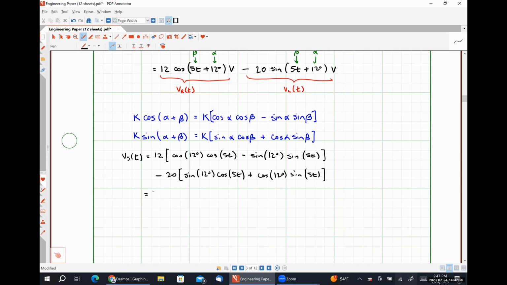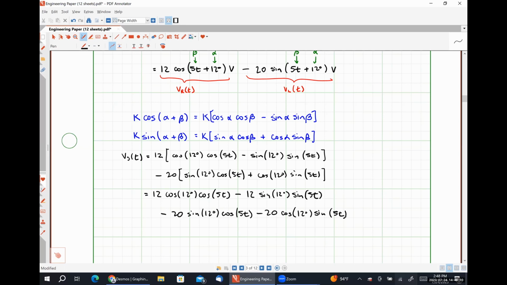So this is 12 cosine 12 degrees cosine 5t, minus 12 sine 12 degrees sine 5t, minus 20 sine 12 degrees cosine 5t, minus 20 cosine 12 degrees sine 5t. And now I'm going to lump some things together.